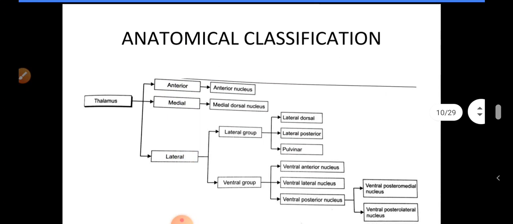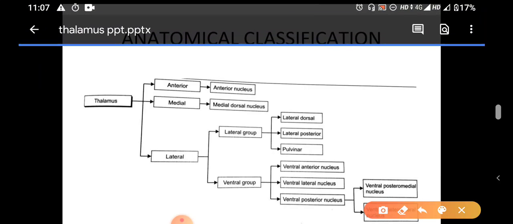Now you can see here the anatomical classification of thalamic nuclei. Thalamus is anatomically classified by the Y-shaped internal medullary lamina into anterior, medial and lateral groups of nuclei. The anterior portion is called the anterior nucleus, and it is present in the bifurcation of the Y-shaped lamina. Then the medial is present as the medial dorsal nuclei.